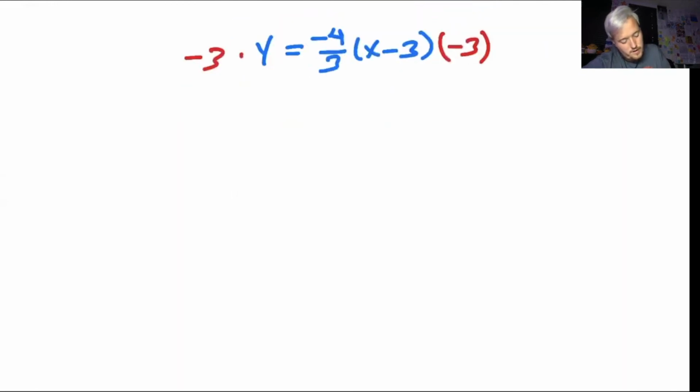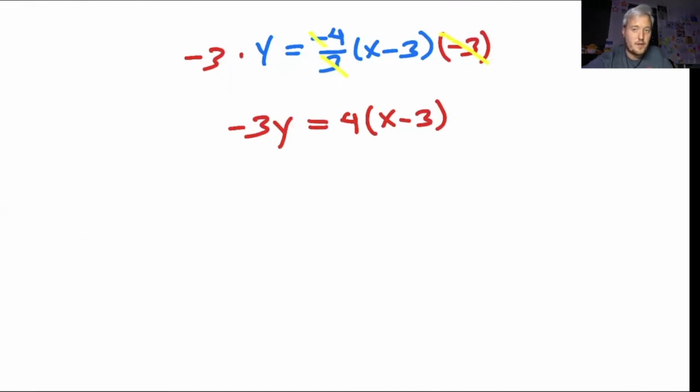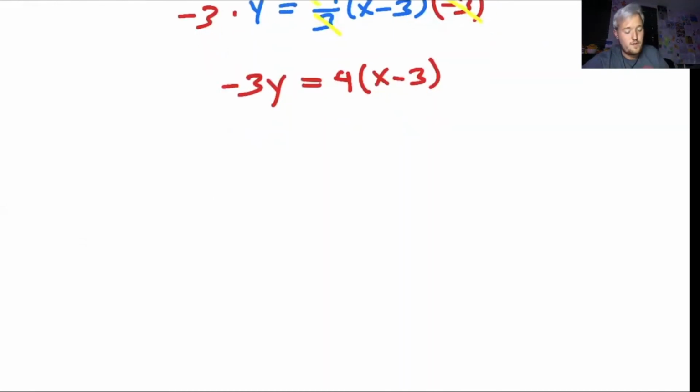So I have negative 3y equals positive 4 times x minus 3. The negative 3 and the negative here, they all simplify on the right side. So I'm going to have negative 3y equals 4x minus 12.